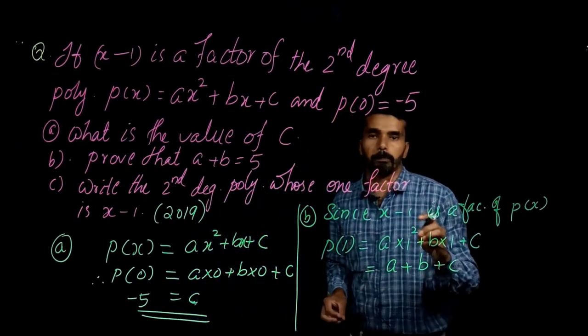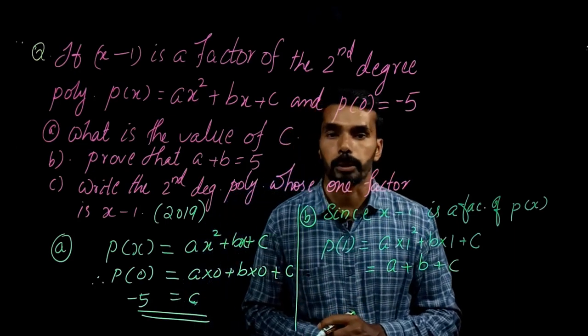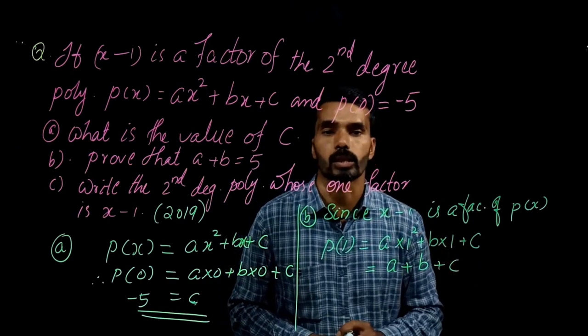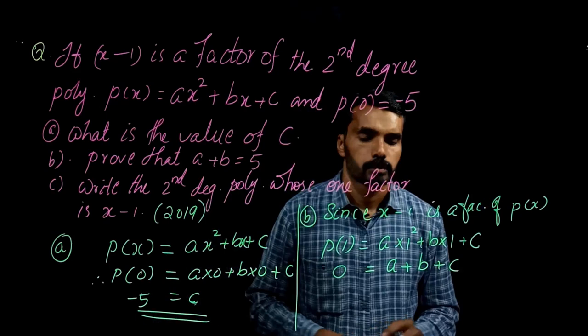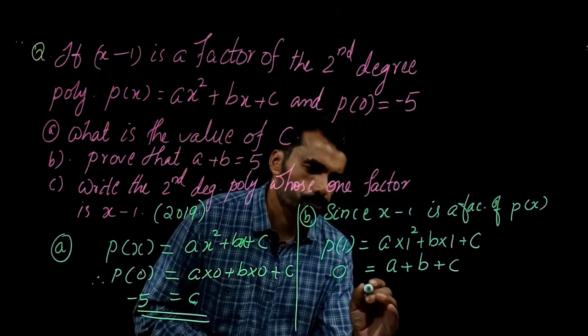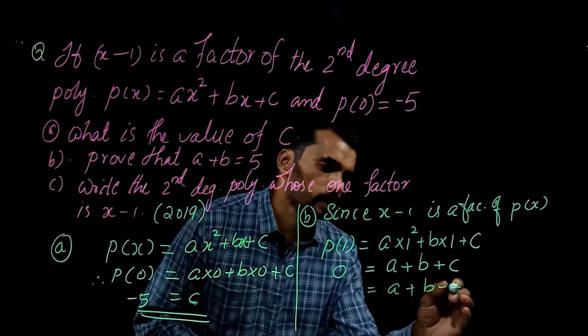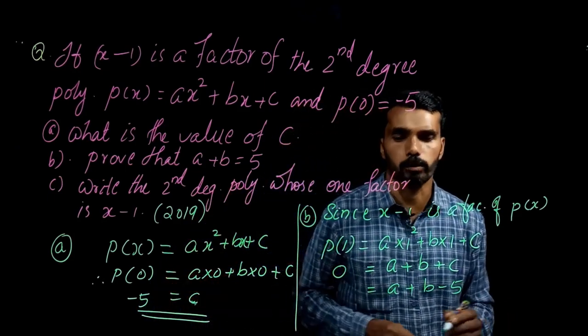A plus b plus c, p of 1 is equal to a plus b plus c. But from the first we have c is equal to minus 5. So p of 1 is a plus b minus 5.